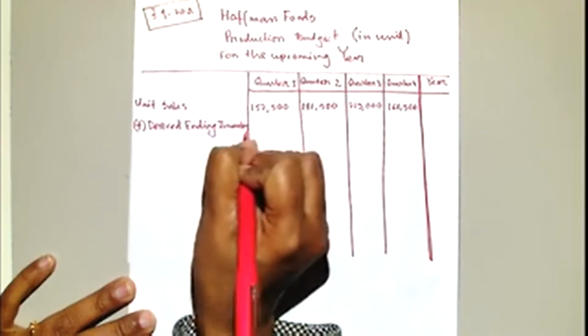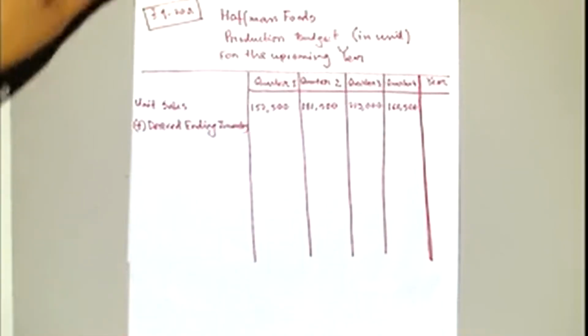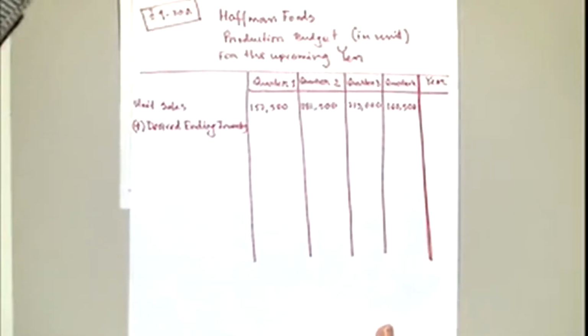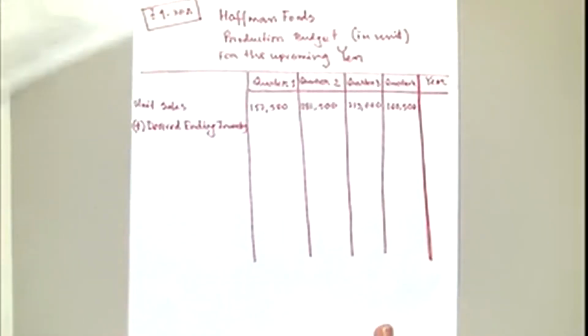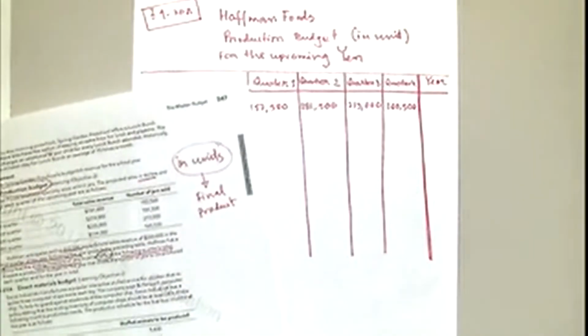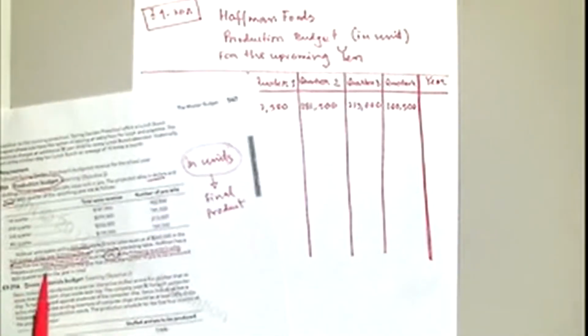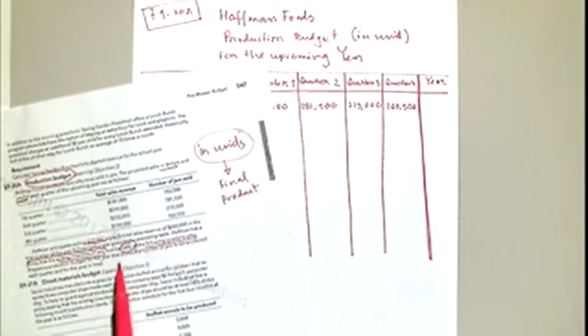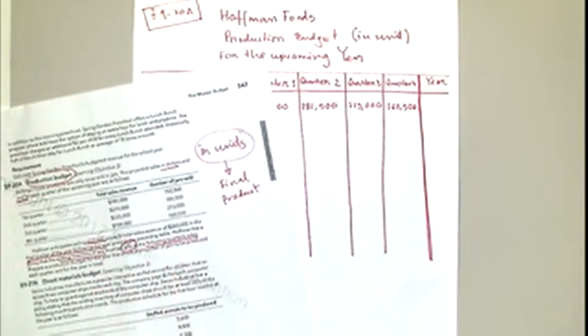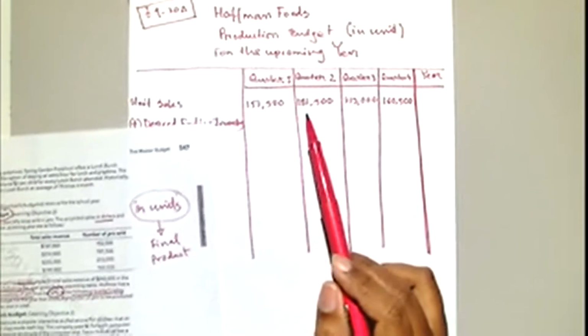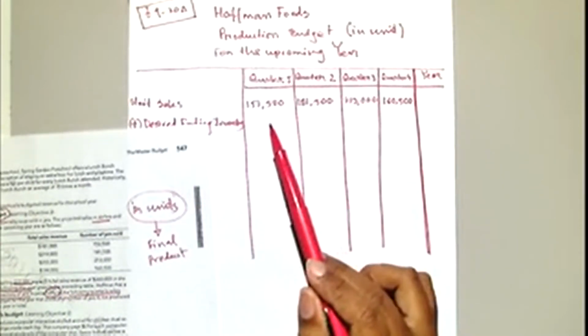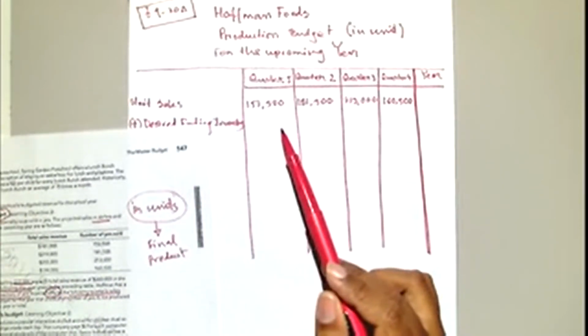And you can check if the company has any policy on how many units they want to save as ending inventory. They actually have a policy, right? It says that Hoffman has a policy that the ending inventory of the jars must be 30% of the following quarter sales. Whatever they're going to sell in the following quarter, 30% of it they will save as ending inventory.